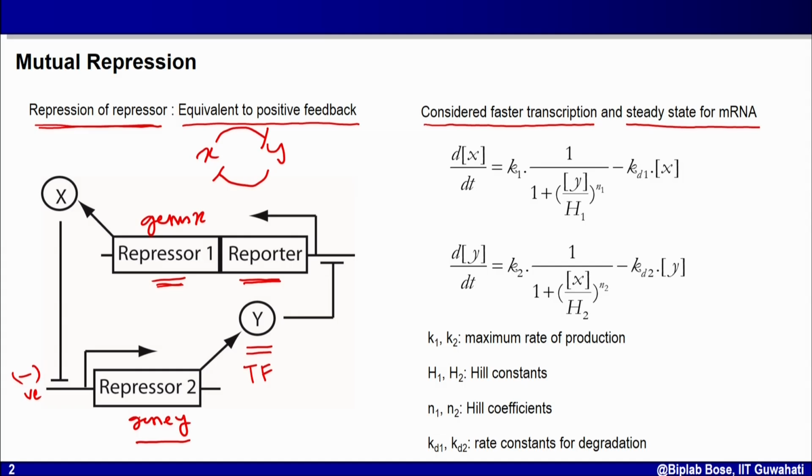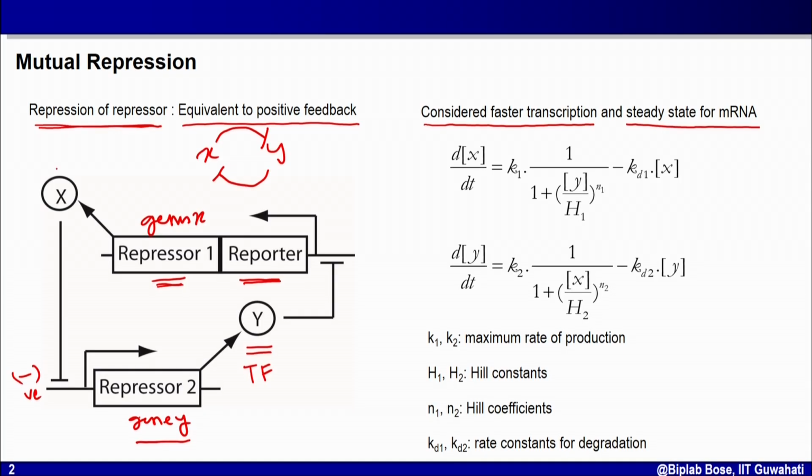Once I have made this assumption, that means I do not have to write an ODE for mRNA of X and mRNA of Y, because they have already reached the steady state at a very early time point. So I will have only two ordinary differential equations, one for protein X, and another ODE for Y.